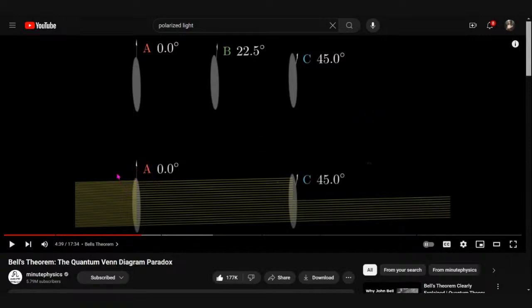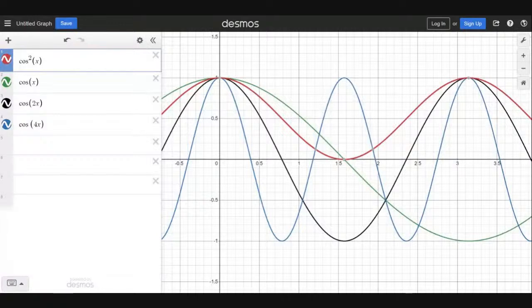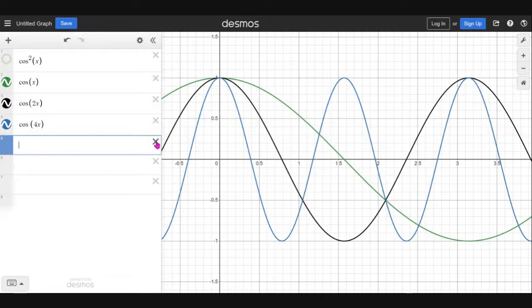A, you need to integrate. You need the area under the curve to discover A. So the area under the curve of cosine squared is A. Too many lines.